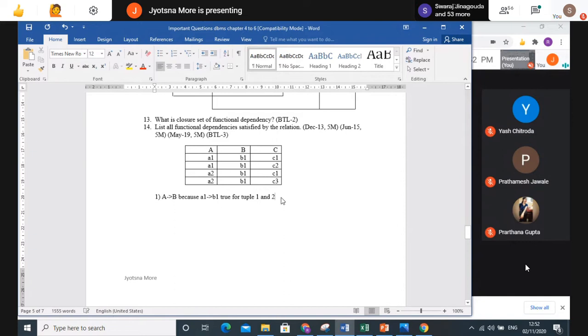Also you can say A2 determines B1, true for tuples 3 and 4.